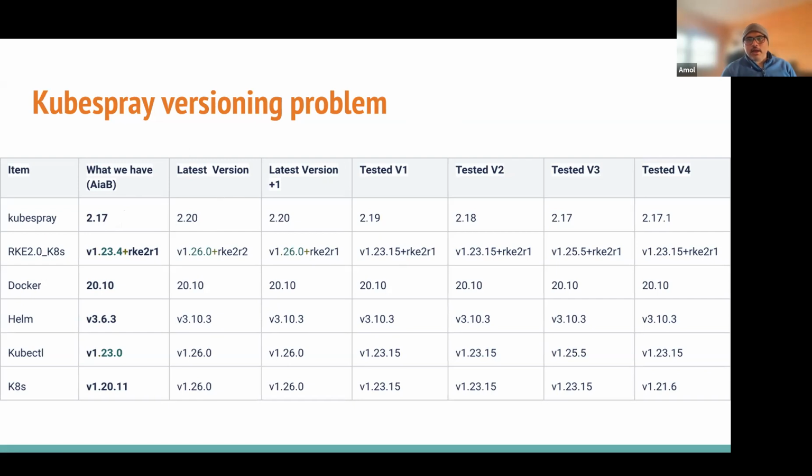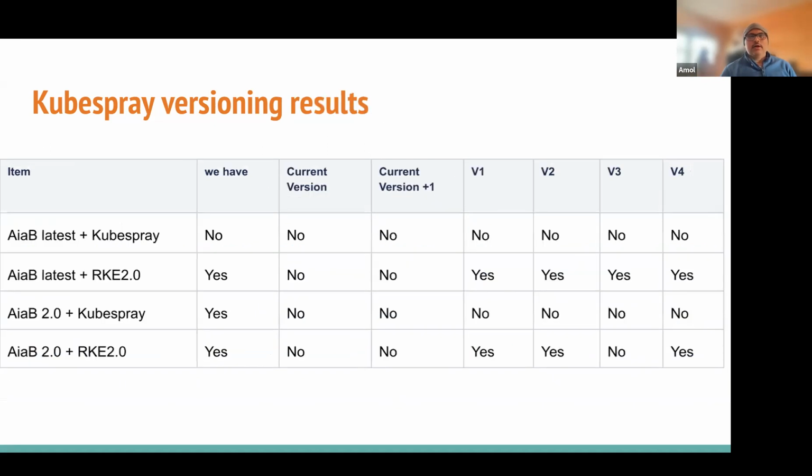Ultimately, after testing all these different versions and combinations, those are the test results. AIB latest means the master branch, and AIB 2.0 is the 2.0 release of AIB.